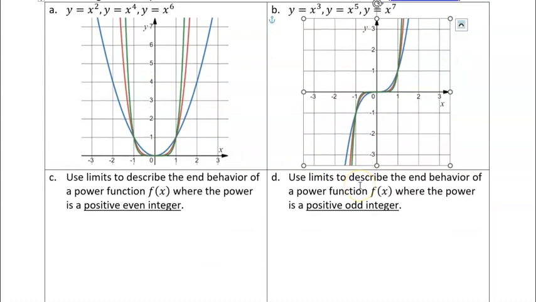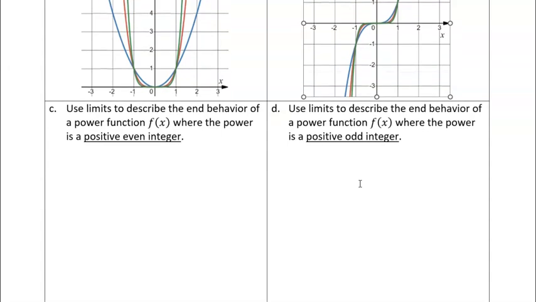So all of these power functions where the power is an even integer, right? That we have the limit as x goes to positive infinity of, we'll just say f of x, where f of x is a power function with a positive even power, all right?